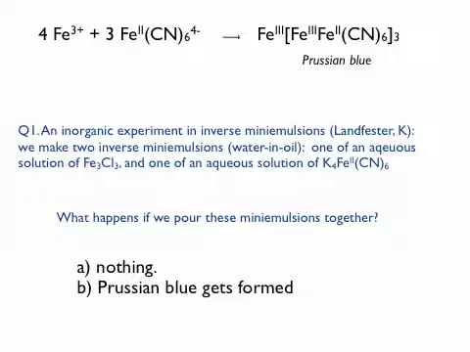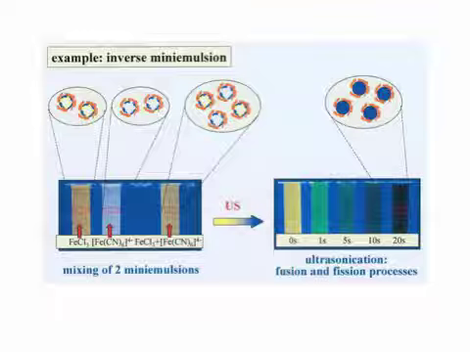So here you see the end result. This is the picture I took from Katarina's website. Here you see a bunch of vials. On the left you see this iron chloride, slightly browny, yellowy, and then this iron cyanide complex there, dispersed in oil.